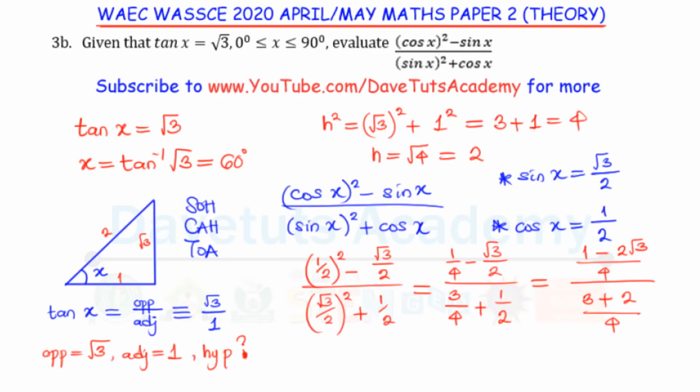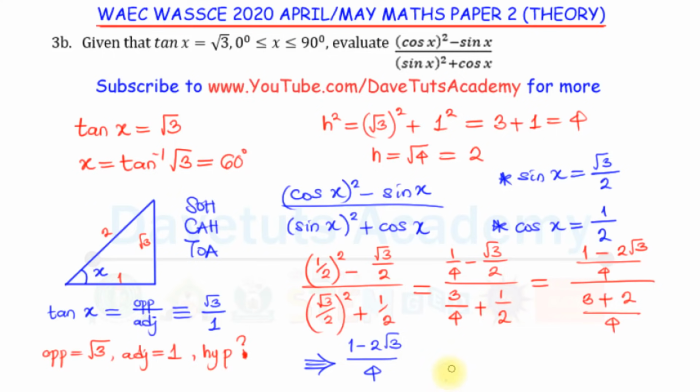So if we are to solve this, that means at the numerator we have 1 minus 2 root 3 over 4, divided by 3 plus 2, which is 5 over 4. So if we are to solve that, this will become multiplied by 4 over 5.